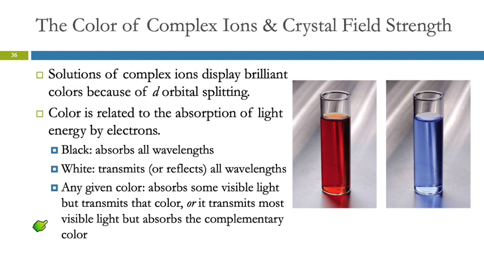And then the colors that we see in between are due to it absorbing some visible light, but transmitting other light. So this would be transmitting red, and this would be transmitting blue.